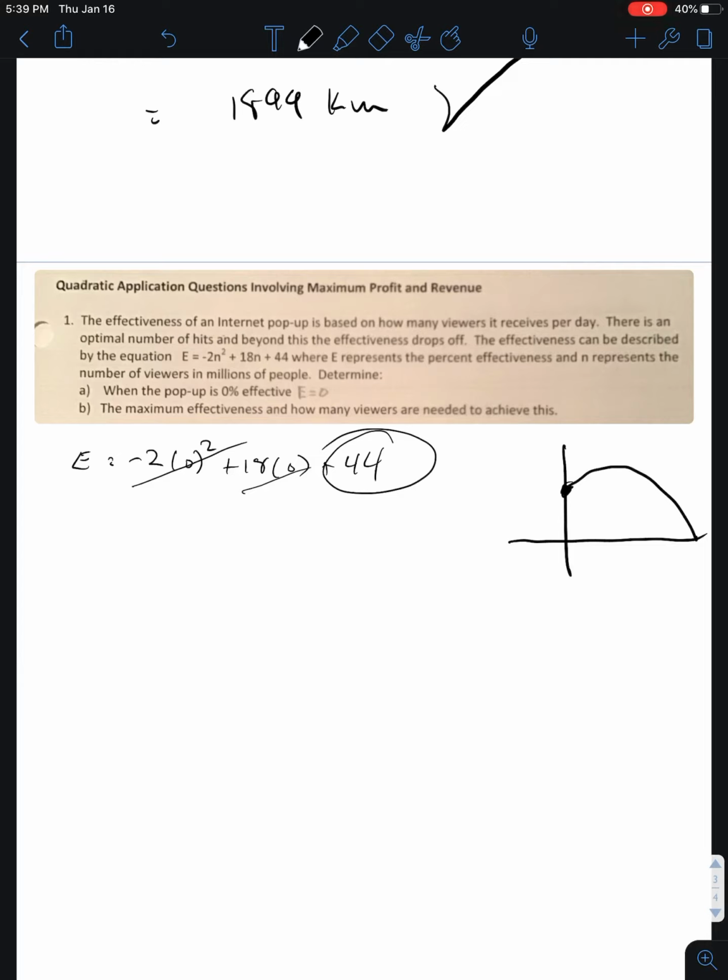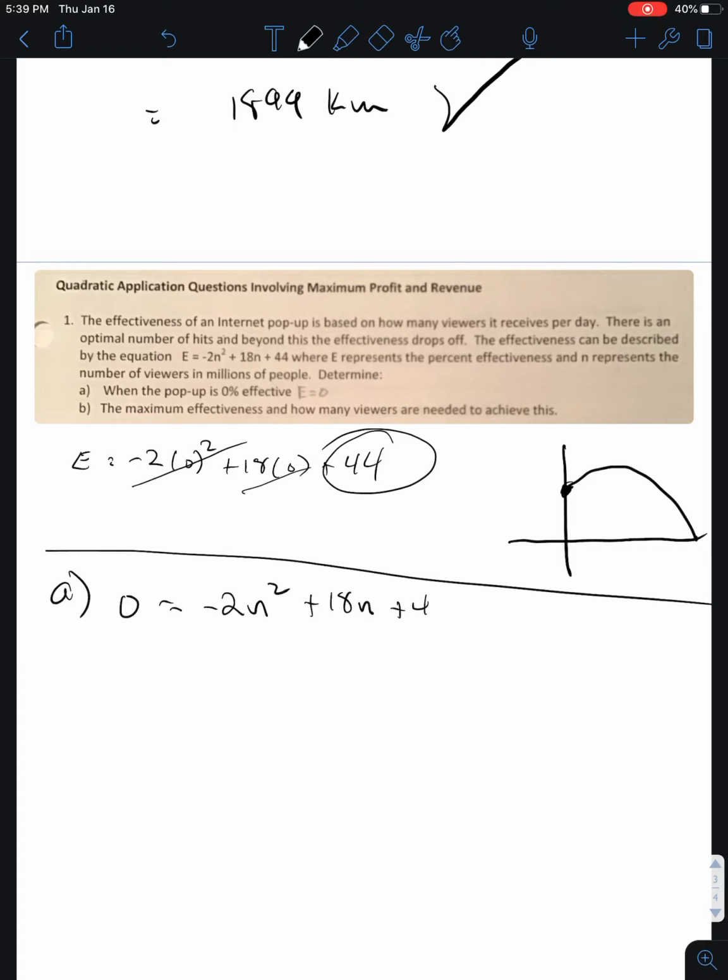So part A is when the pop-up effectiveness is 0. So when E equals 0, which is what you had written down, 0 equals -2n squared plus 18n plus 44. So the 0 goes in for E.